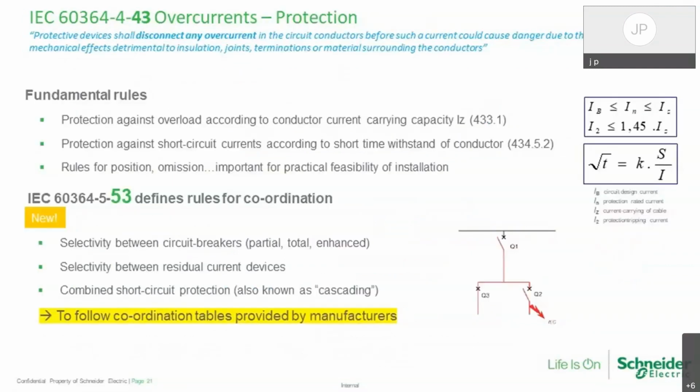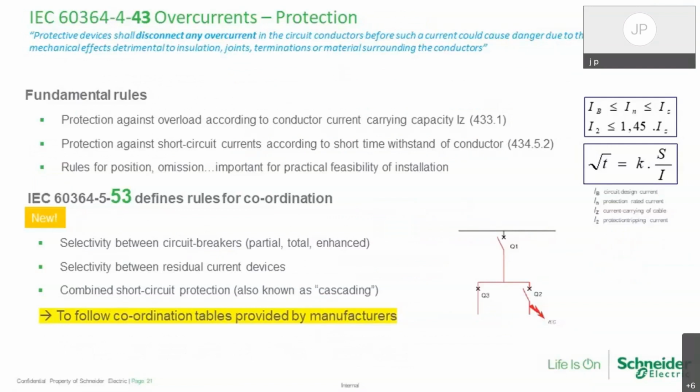Regarding overcurrent, there is nothing new in the standards regarding part 43, but mainly we revised part 5, in this case 53, where we define new rules for coordination of different devices.